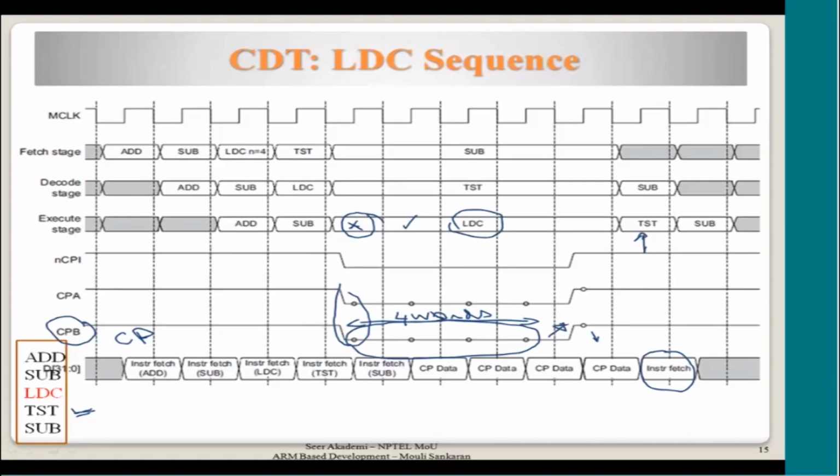The transfer is happening with the help of the ARM, and data is either provided or accepted by the coprocessor, and the ARM has to keep the data transfer instruction in the execute stage based on how the CPB is given by the coprocessor, and then the transfer completes. This is very, very important. I hope this is clear to you.